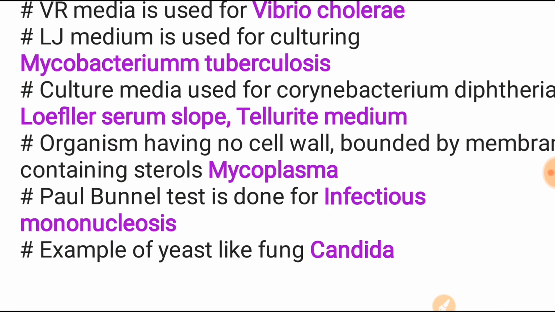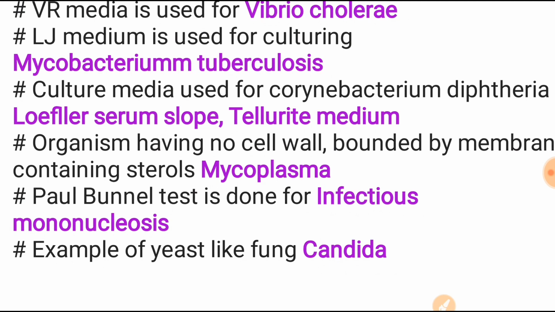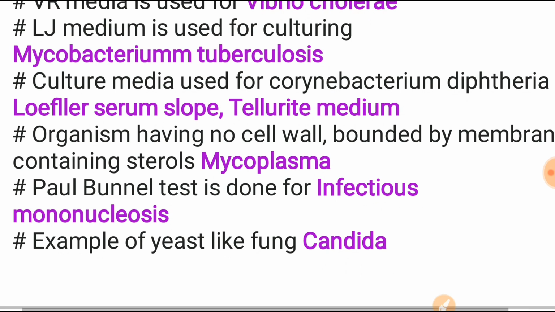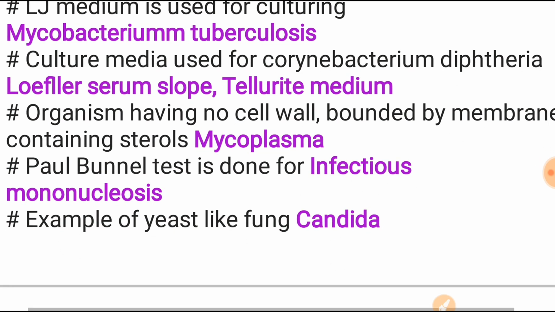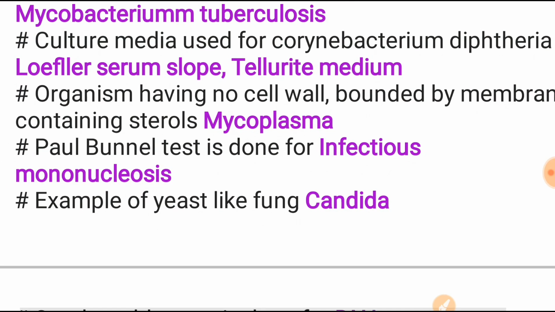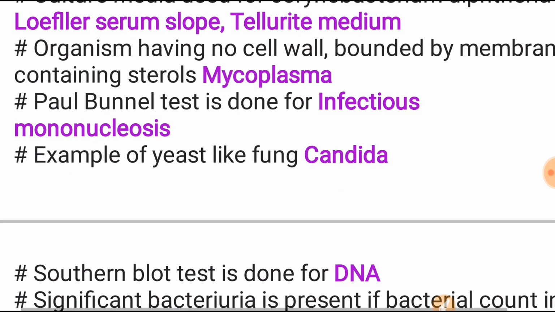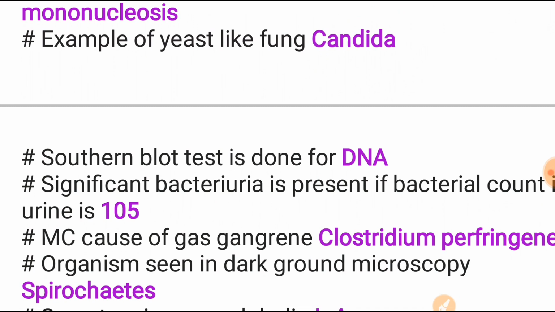Culture media used for Corynebacterium diphtheriae are Loeffler serum slope or tellurite media. The organism having no cell wall, with a membrane containing sterol, is Mycoplasma. Paul Bunnell test is done for infectious mononucleosis. An example of a yeast-like fungus is Candida. Southern blot is done for DNA.